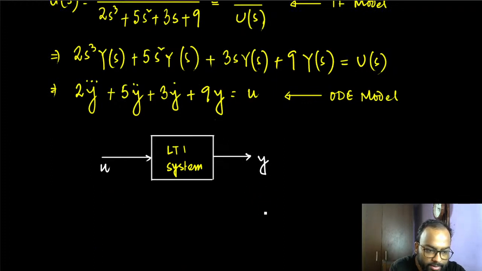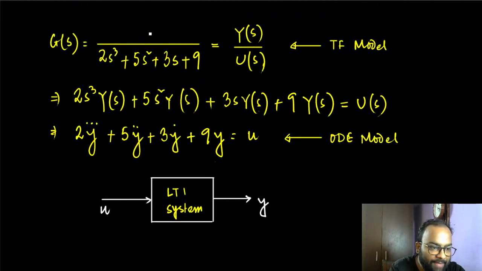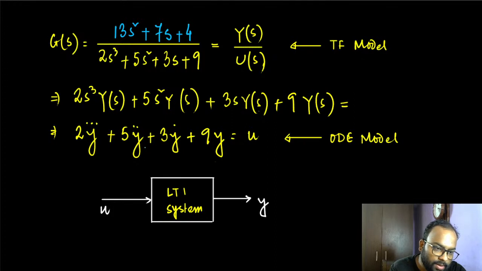All right. So we have realized that if I have s here, that indicates a derivative. Okay. So let me just write down a general expression, right? Let's say this is 13 s square plus 7s plus 9. Okay. All right.